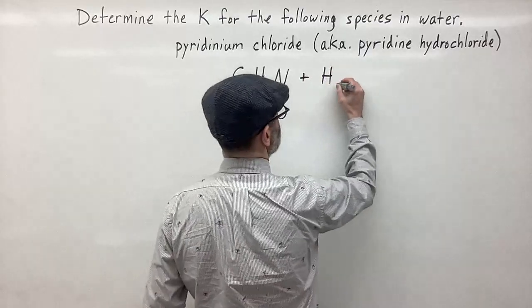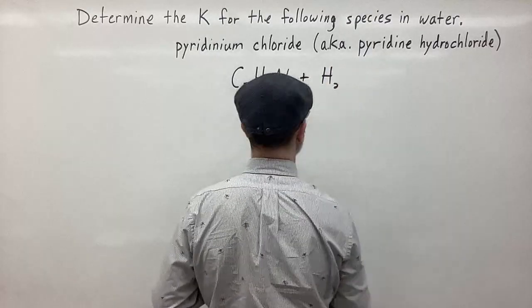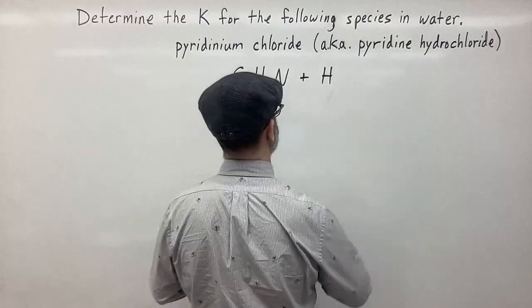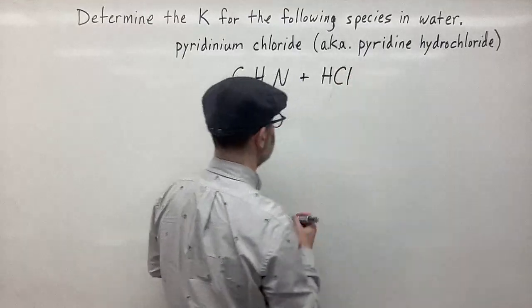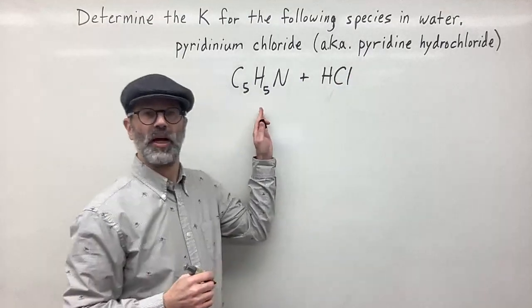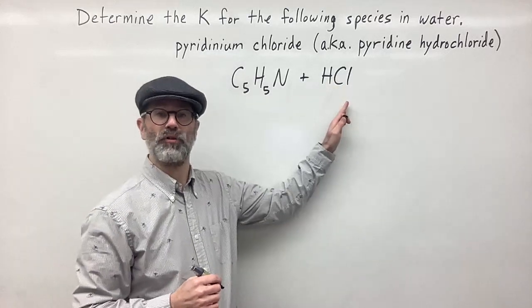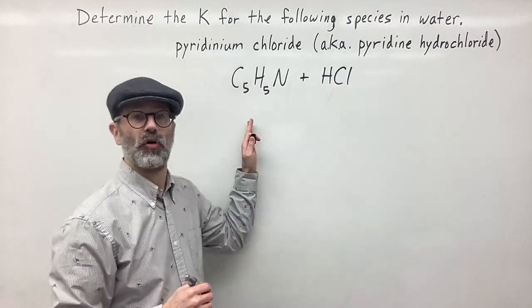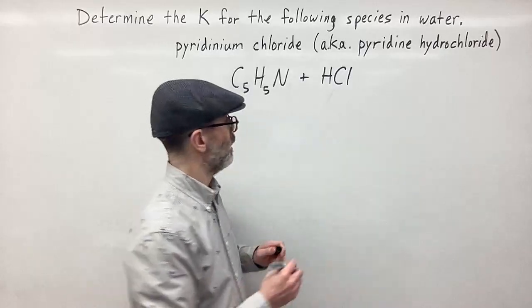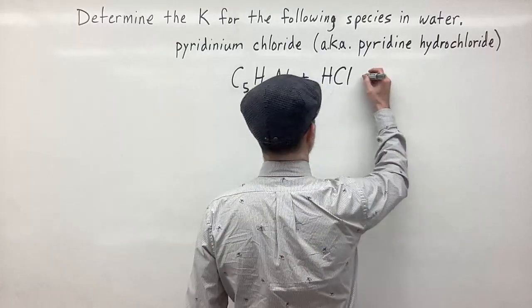And because hydrochloric acid is a strong acid, and this is a weak base, basically all of your base here is going to be converted into the conjugate acid, the pyridinium.